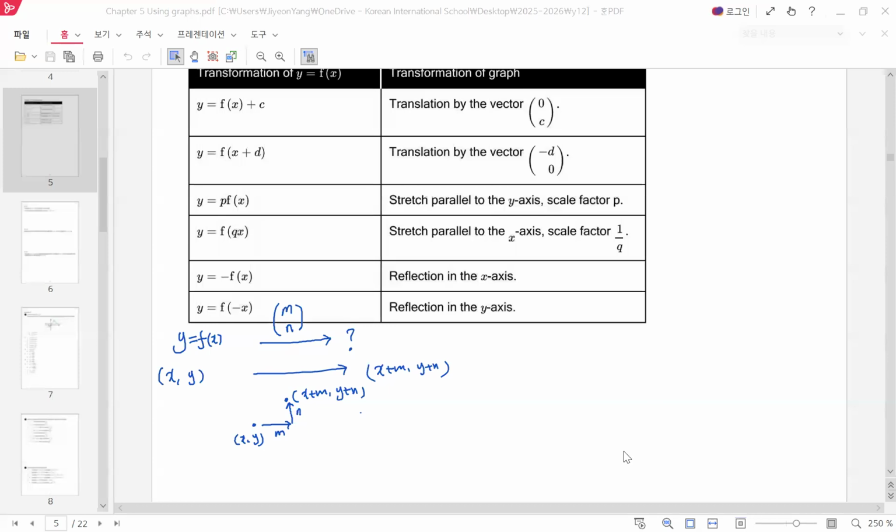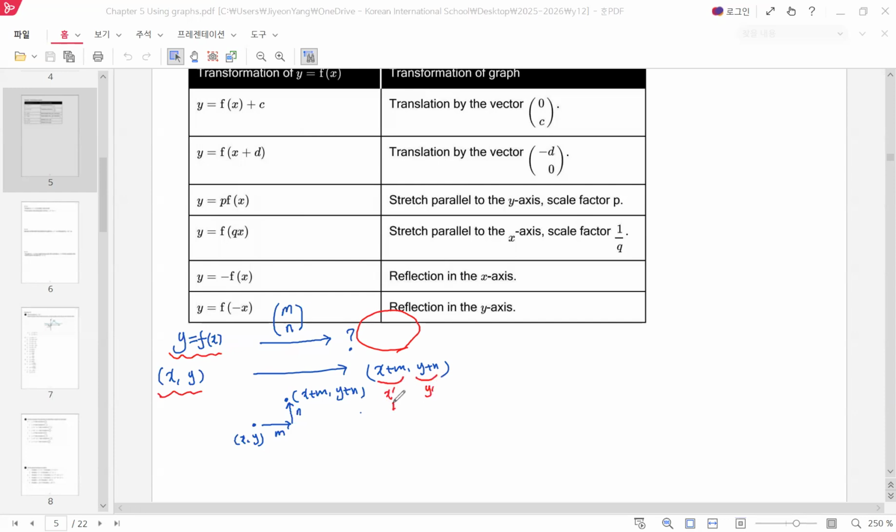Then by using this coordinate and the original equation, you need to find a new function, understand? But when we find the function, we need to find the relationship between the x coordinate and y coordinate. So normally we should write x prime and y prime.